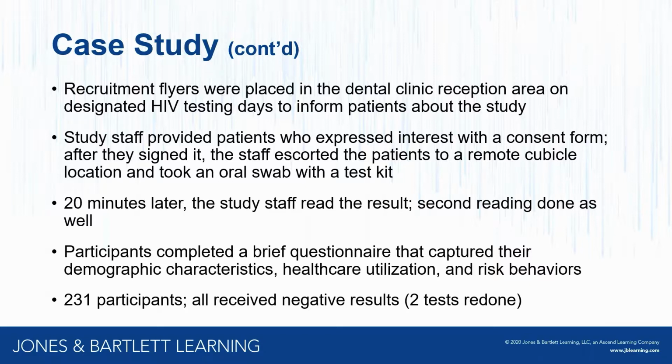Because this was under a level of scrutiny as part of a research study, a second person always did a reading before test results were read back to the patient and discussed with them. The participants then completed a brief questionnaire that captured the information you see listed there. Over a period of about a year, although not a consecutive year because of clinics being open and closed related to school schedules or university calendars, we tested 231 patients across the 3 sites.